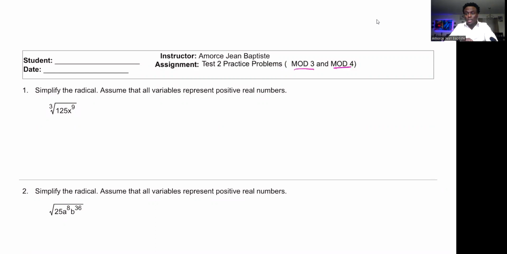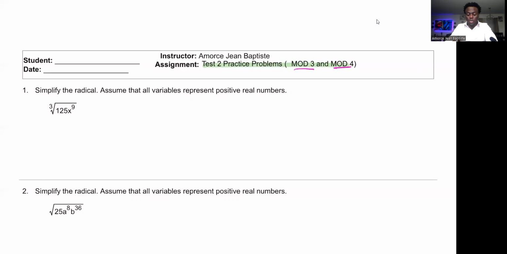So the expectation is that you have all the homework and quizzes for these 2 modules done by the day of the tests for your class, as well as the test 2 practice problem, module 3 and module 4 in MyLab Math.